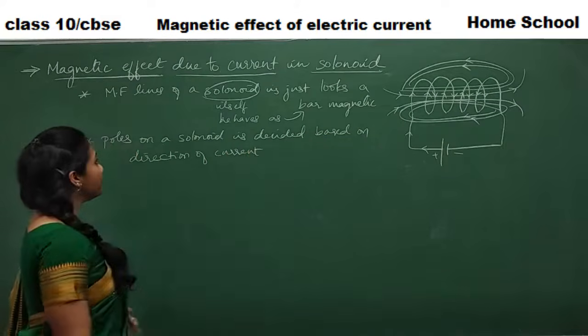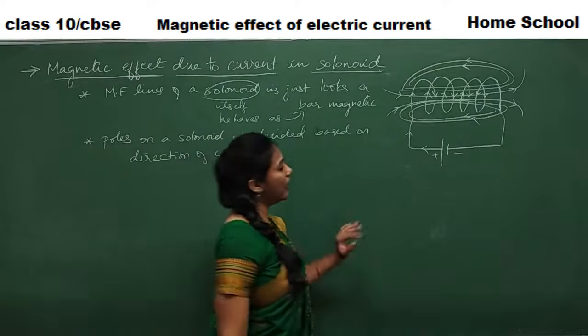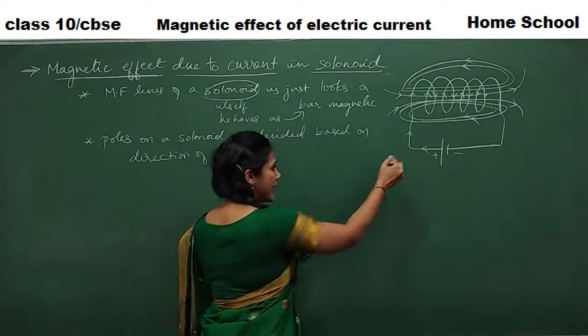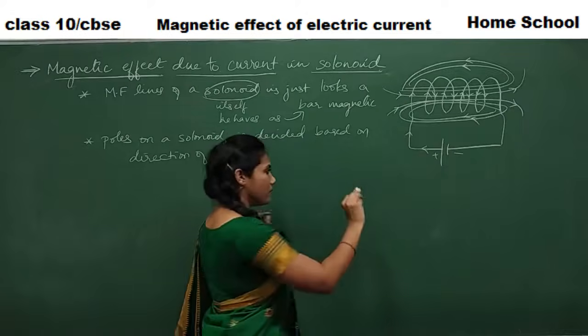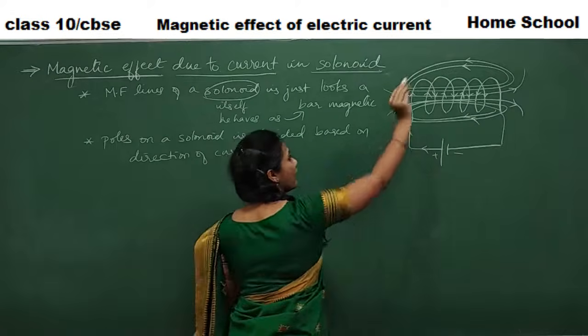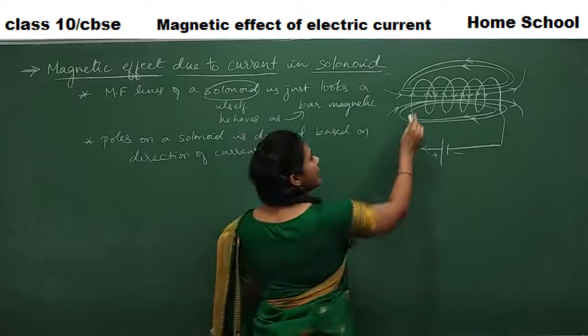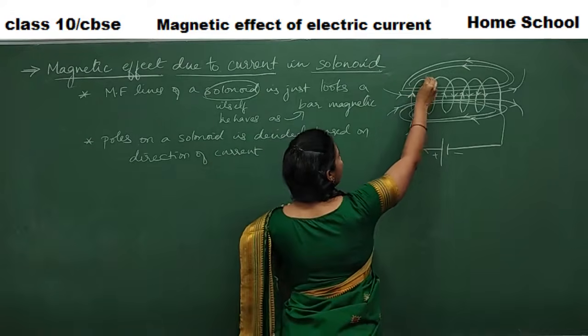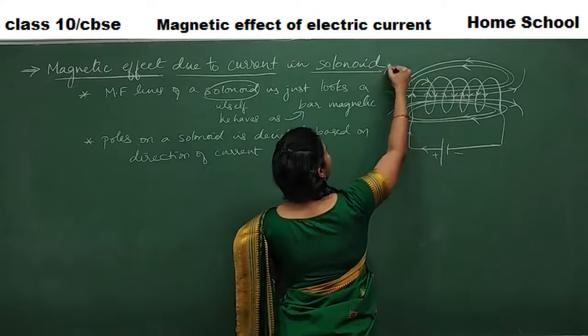Okay, so look here. Current is moving in which direction? Current always moves from the positive end onwards, conventional current, right? Here I can clearly say that the direction of current is clockwise. What do you mean by clockwise?